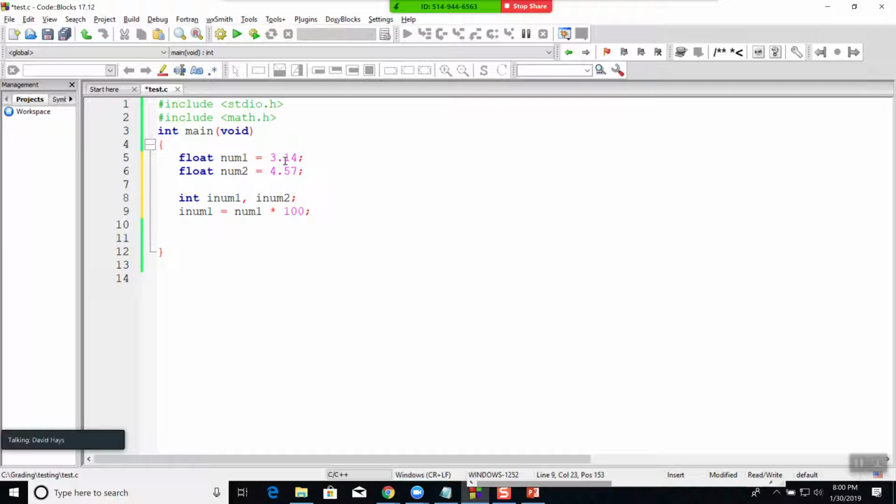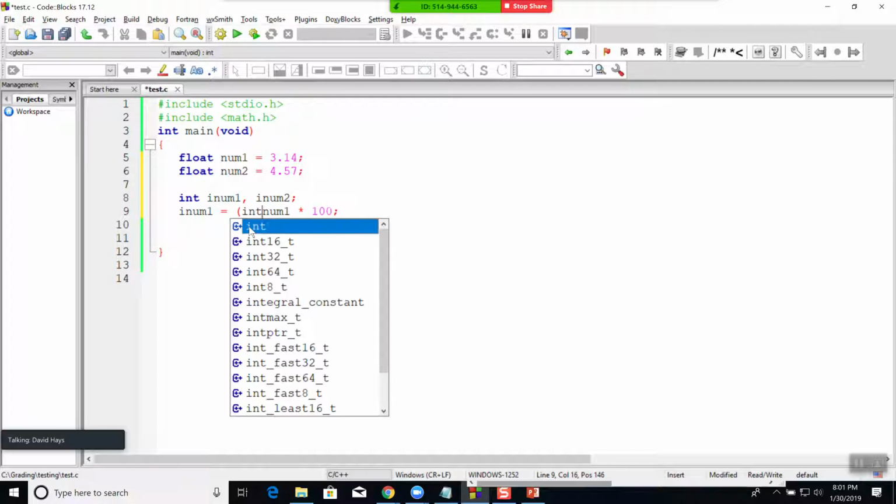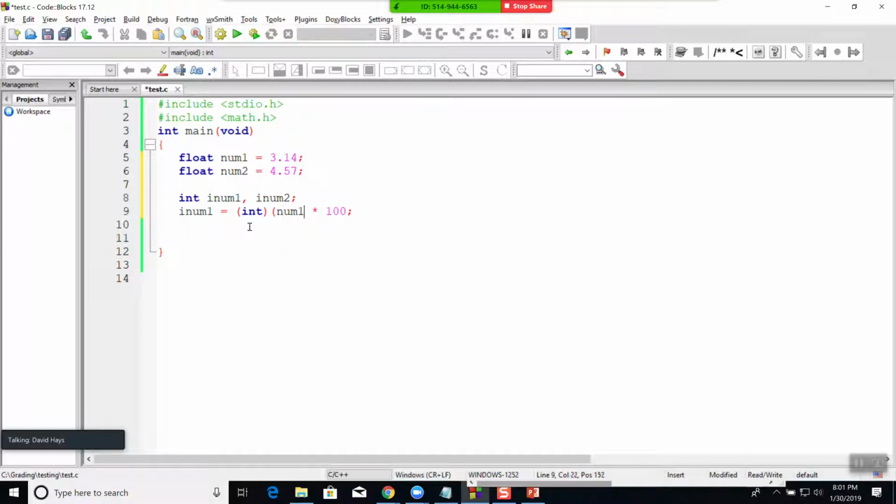When you multiply it times 100, it'll move the decimal point 2 places to the right, and it's no longer 3.14, it's 314. But num1 is a float. Float times 100 is still a float. So I'd need to do a cast, and I think int here. Might have that wrong.